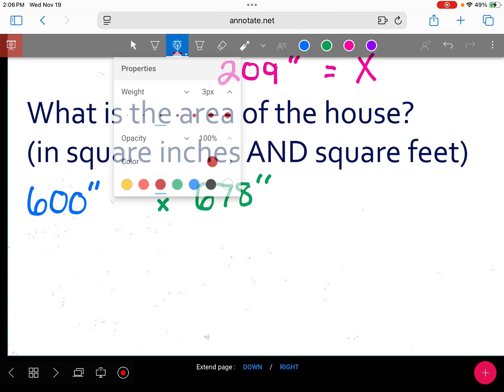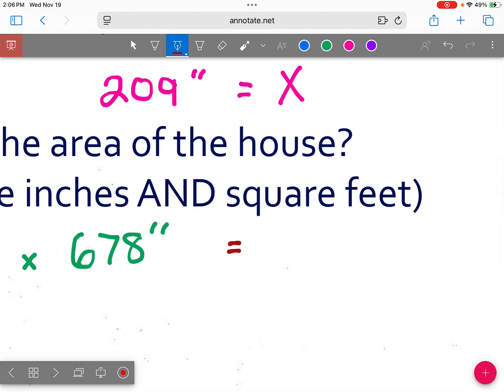So the first thing we want to know is our area in square inches. How can I find my area with those 2 numbers? What is our area going to be?